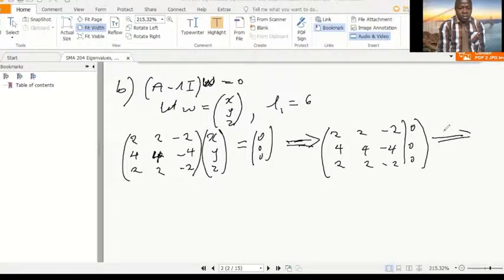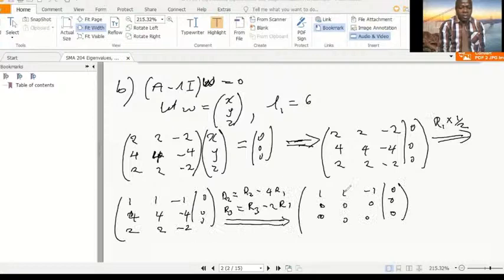So what do we now have? What we have is x plus y minus z is 0. So you then realize that x is a leading variable, but y and z are free variables. Since they are free variables, we let them be parameters. We can say let y be a parameter a and z be a parameter b.